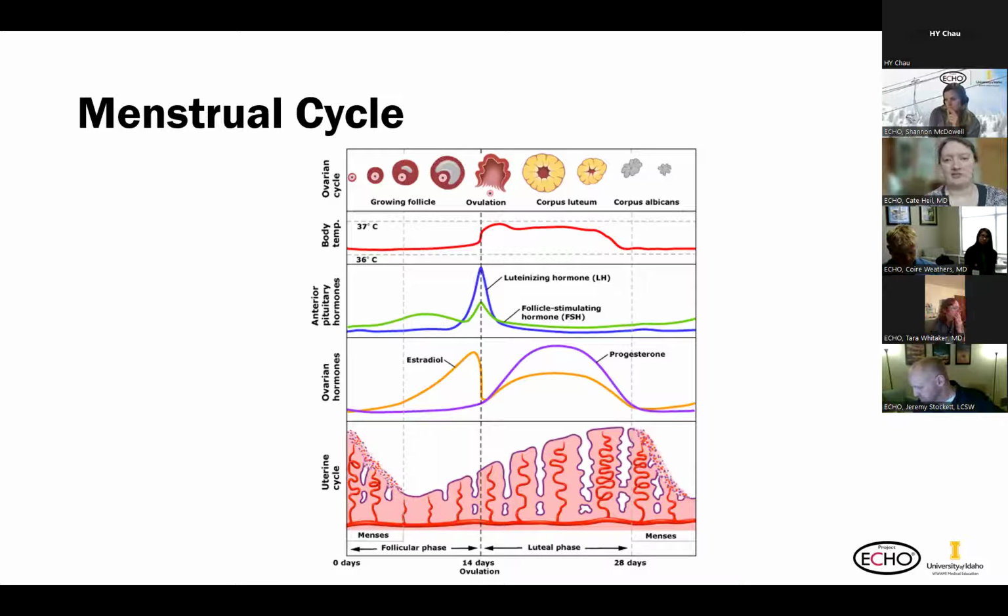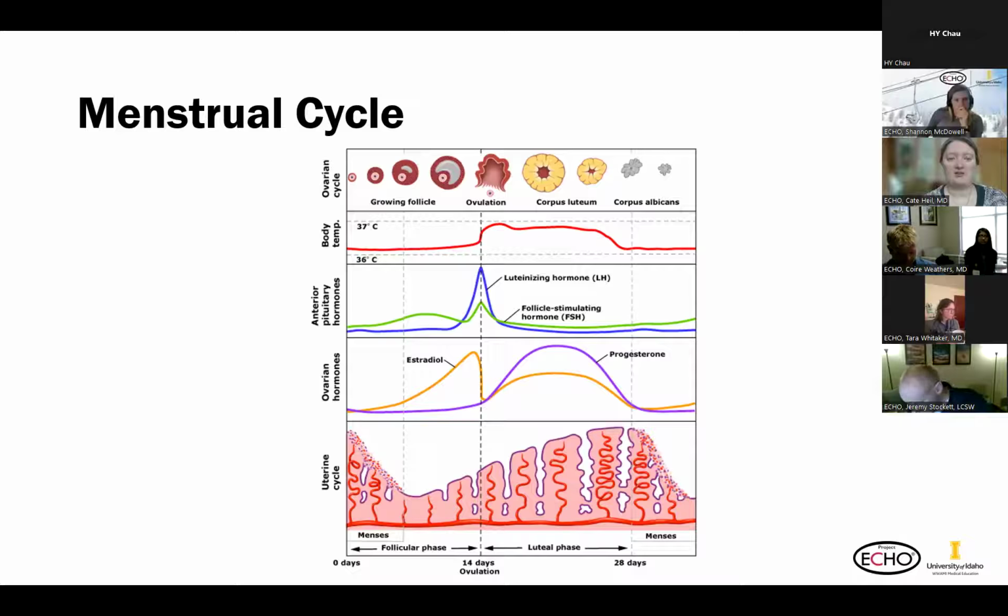And this is all based off of a very typical 28-day cycle. We understand that there's some variation, but in general, ovulation in that perfect 28-day cycle will happen about day 14.